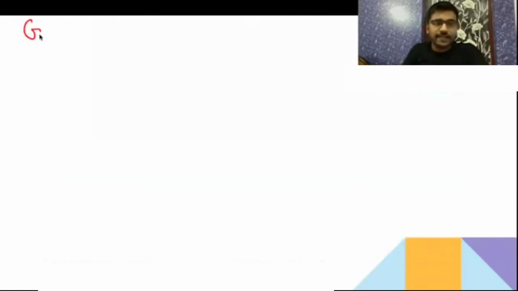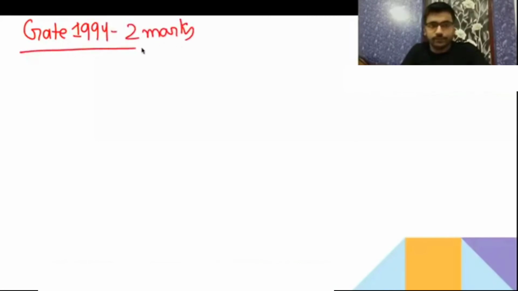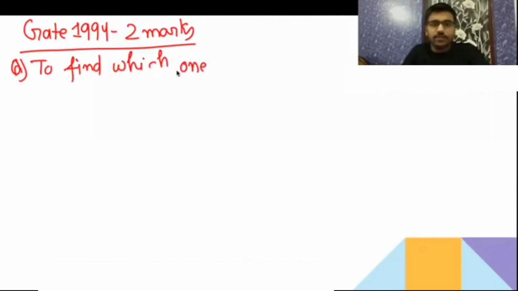This is your GATE 1994. For 2 marks they have asked: find which one is greater. One is greater means you have to say which one is bigger. Which one is greater?